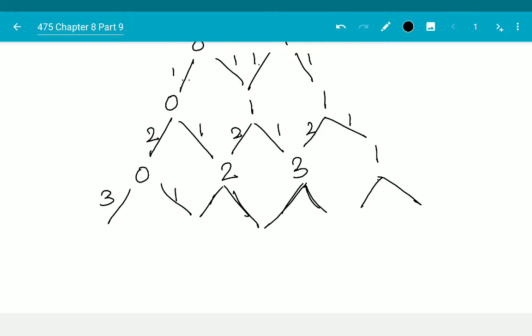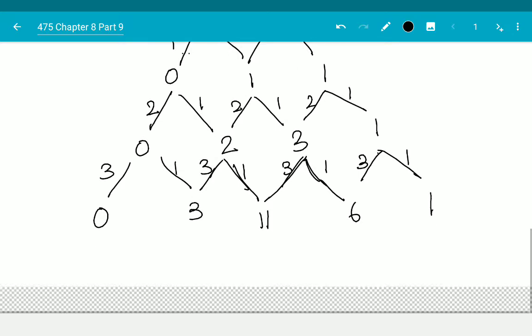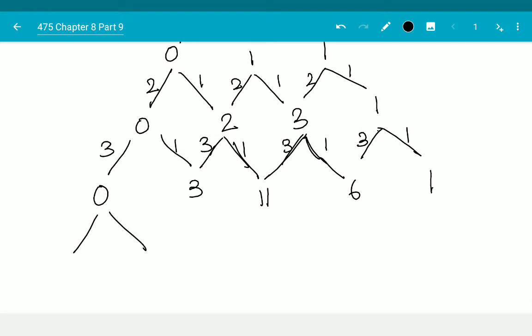I get 3, 1, 3, 1, 3, 1, 3, 1. So this combination is really easy to remember. So I get 0, 3 times 2 is 6, 2 times 2 plus 9 is 11, 3 plus 3 is 6, 1 more.